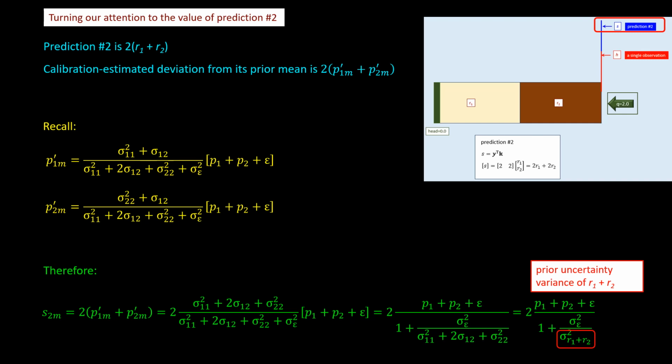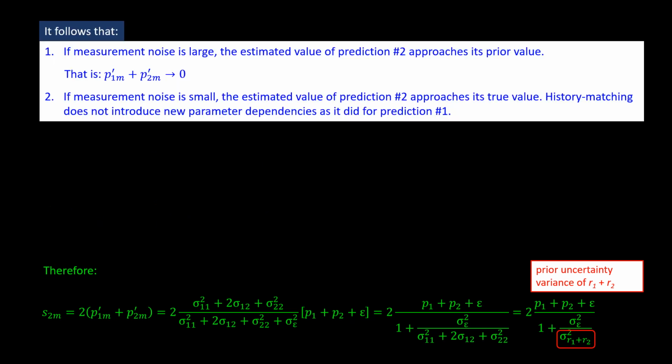So what does this equation tell us? It tells us that if measurement noise is large, the estimated value of prediction number 2 approaches its prior value. Well, again, no surprises here. If there's a lot of noise, measurements don't mean much. They can't tell us much.